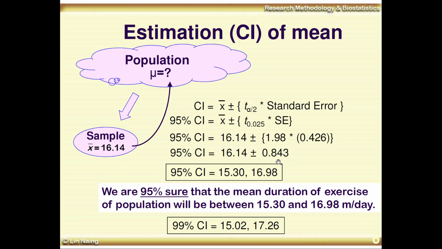So they explain the meaning of standard error here. If you get the mean of 16.14, then you have a standard error of 0.426. Then you are 95% sure that the mean duration of exercise of the population will be between 15.3 and 16.98.